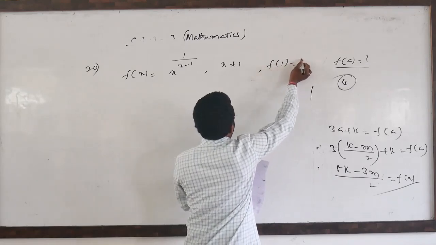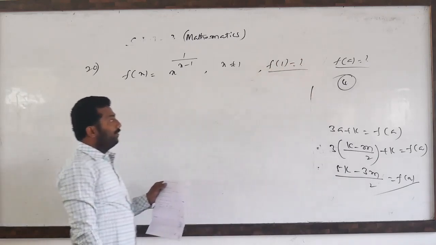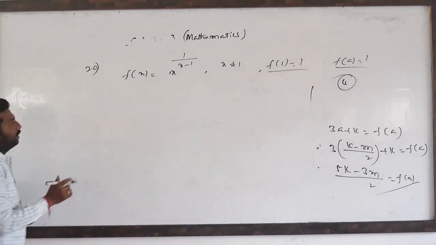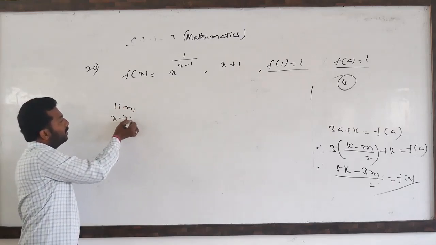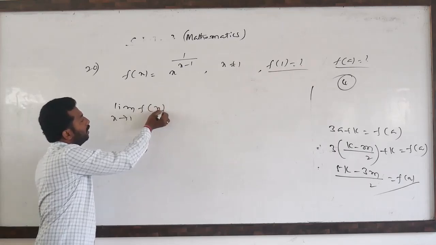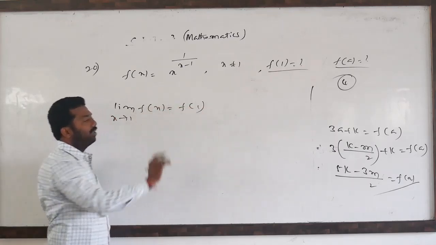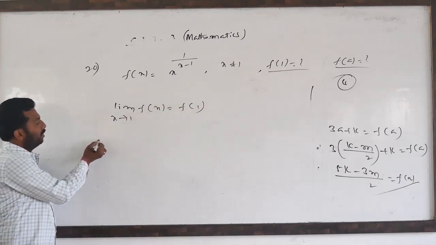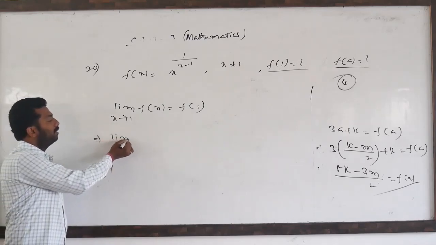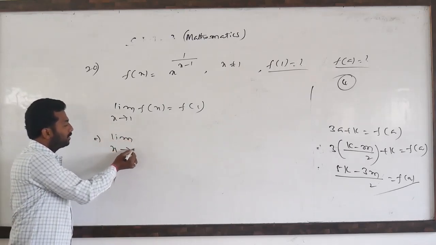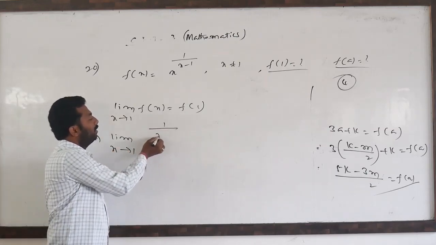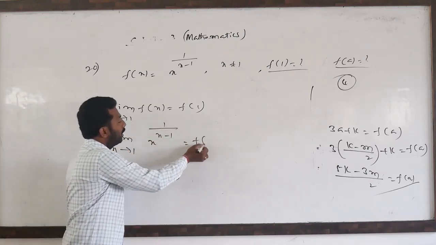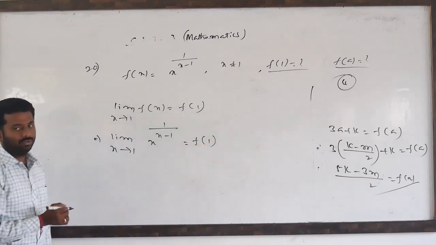They are asking the question. f is continuous at x equal to 1 means limit x tends to 1, f of x equal to f of 1. So limit x tends to 1, f of x is nothing but x to the power 1 divided by (x minus 1).